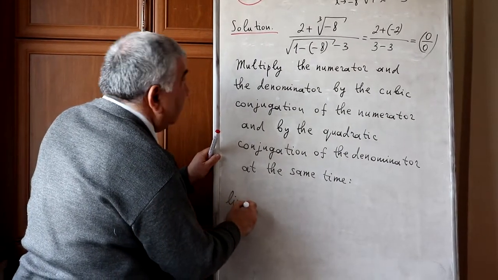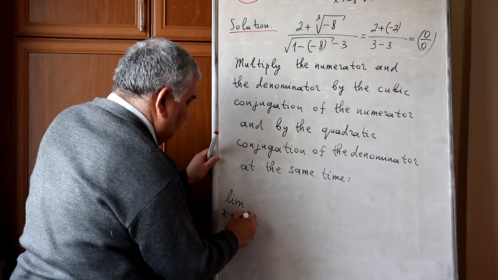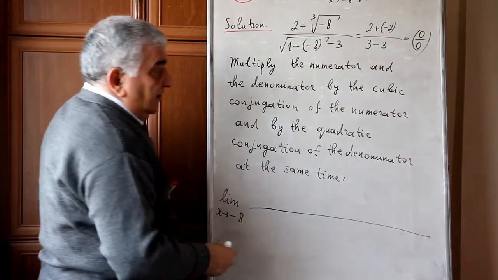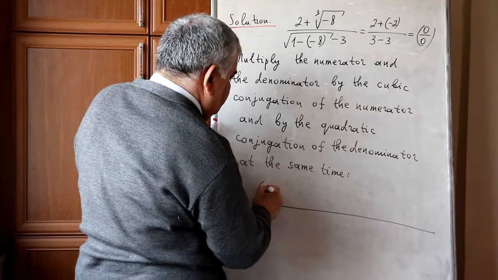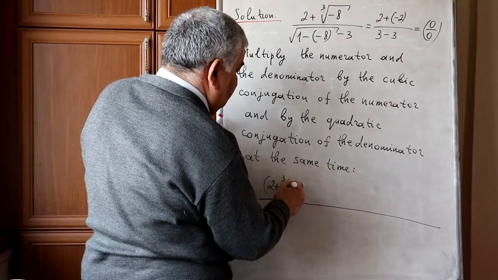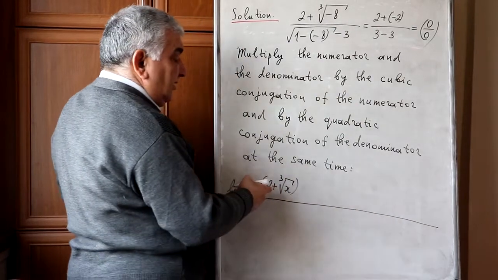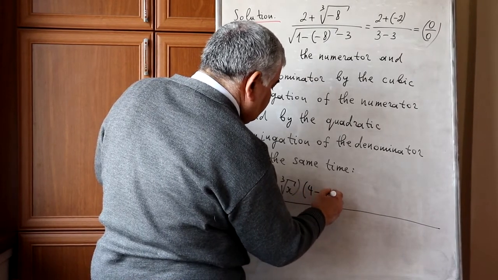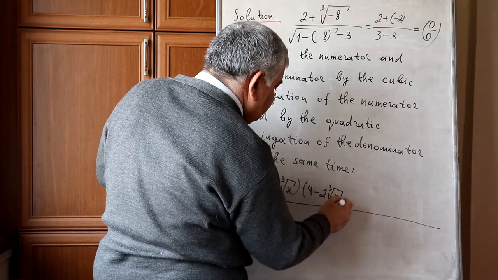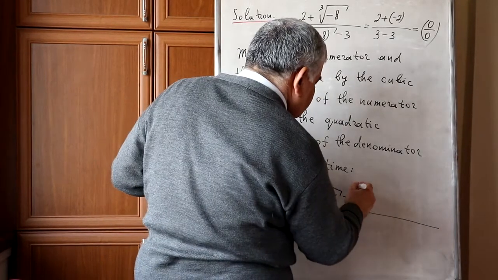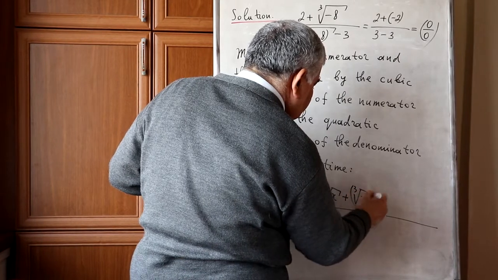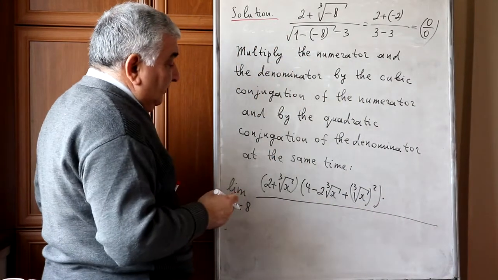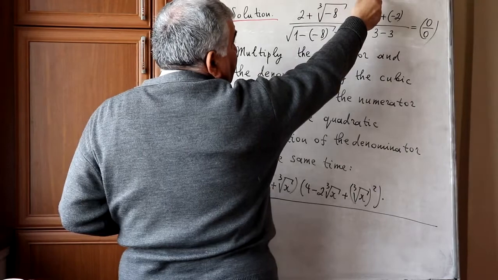Limit when x tends to minus 8, draw a long fractional line, 2 plus cube root of x multiplied by its cubic conjugation, 4 minus 2 cube root of x plus cube root of x squared, and also multiply by quadratic conjugation of the denominator.